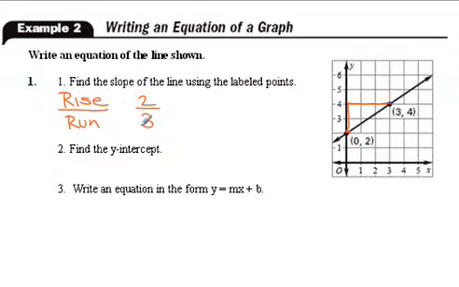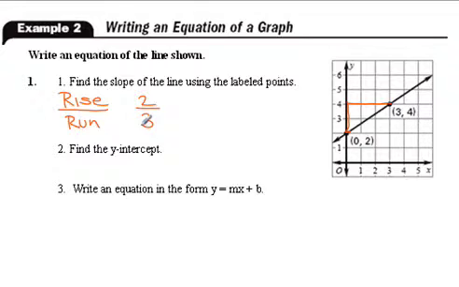Now remember, up is positive and to the right is positive. If I had to go left, it would be negative. If I had to go down, it would be negative. So the first thing we do is we find our slope, which we've done. I could also have used these 2 points with the equation that we know. You could have found the slope that way too.